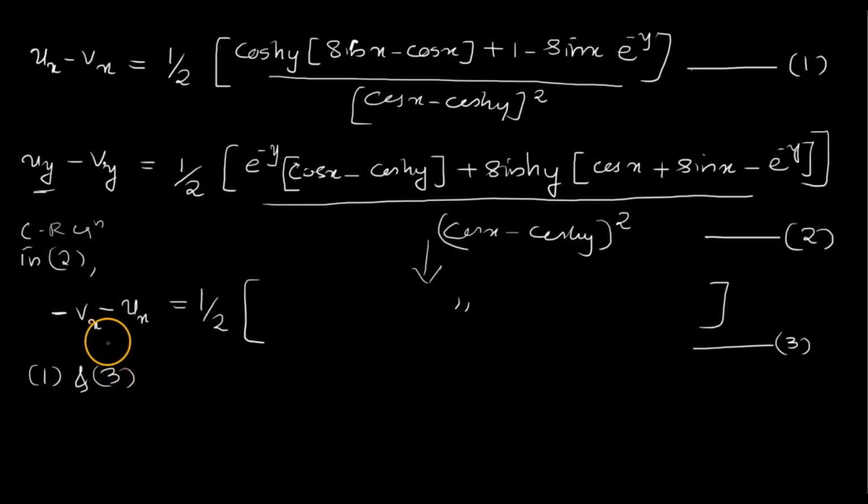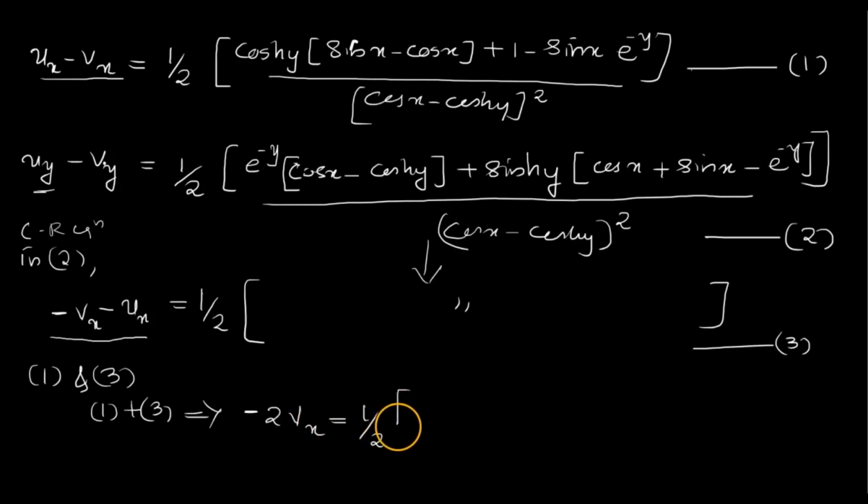We can calculate vx or ux, either vx or ux. This is ux minus vx and this is minus vx minus ux. So I am adding 1 and 3 so that I can cancel ux from this equation. Ux minus ux is cancelled and we get minus 2vx equal to half into, half is common to both 1 and 3.